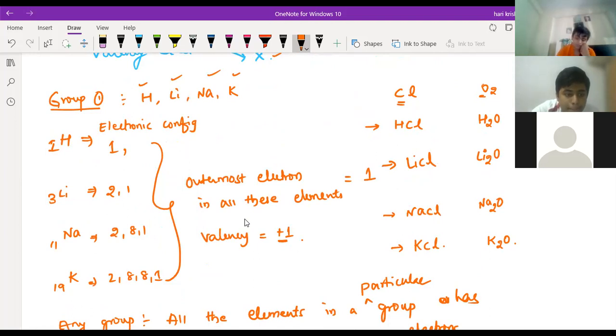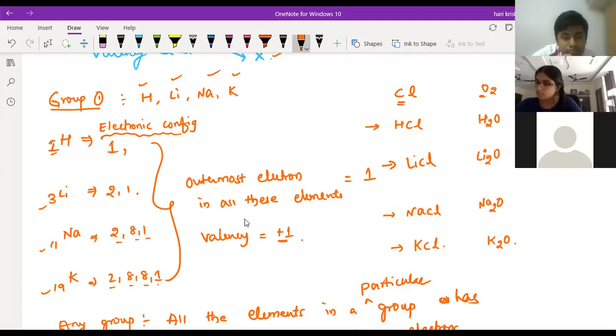We have written the atomic numbers: hydrogen 1, lithium 3, sodium 11, potassium 19. Next, we wrote the electronic configuration: hydrogen 1, lithium 2,1, sodium 2,8,1, potassium 2,8,8,1.